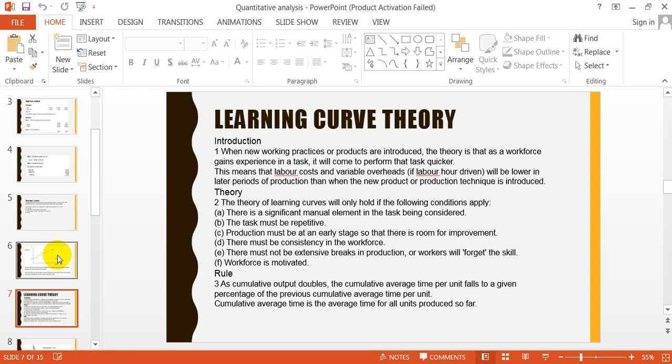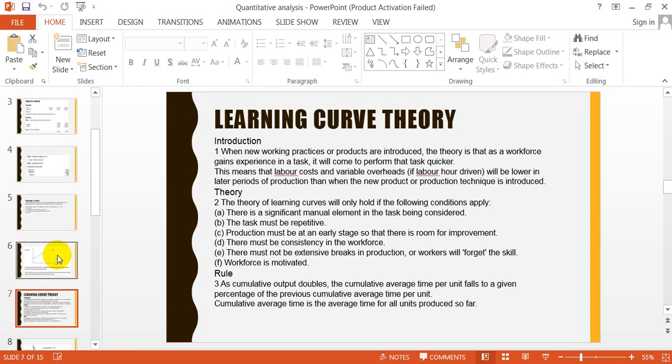So the labor costs and the variable costs, assuming they are labor driven, will be lower in later periods than at the beginning when they started making the product. This will eventually lead to the variable labor cost per product becoming low, hence reducing your total labor cost.